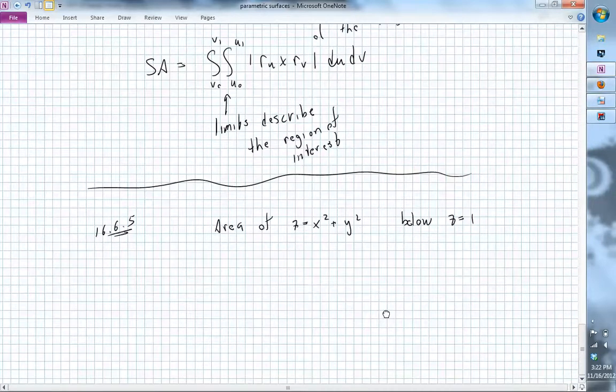Okay, let's parameterize this guy. How can we parameterize this surface? You've seen me do it once already. It's pretty easy. When you have a surface that's just z equals f of x, y, make x u, make y v.